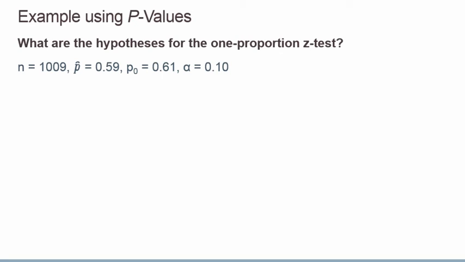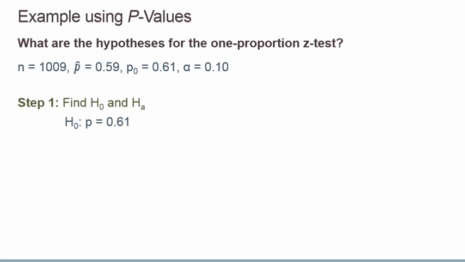What are the hypotheses for the 1 proportion z-test? Step 1 is to find H sub 0 and H sub a. As always, H sub 0 is p equals 0.61. Now we have to find H sub a.